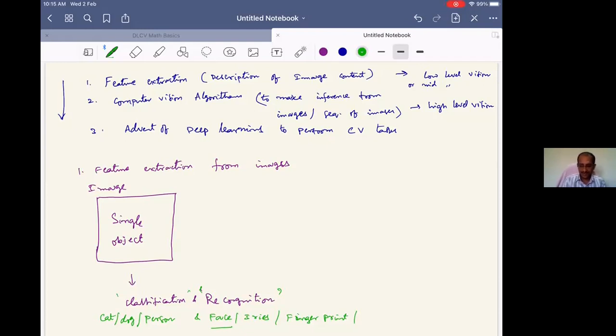Fine. So this is one kind of problem where the whole image corresponds to one object, or we want to perform a particular task with an algorithm. So if we consider this as input, let it be an image or whatever, and there is an algorithm or some method we are developing.